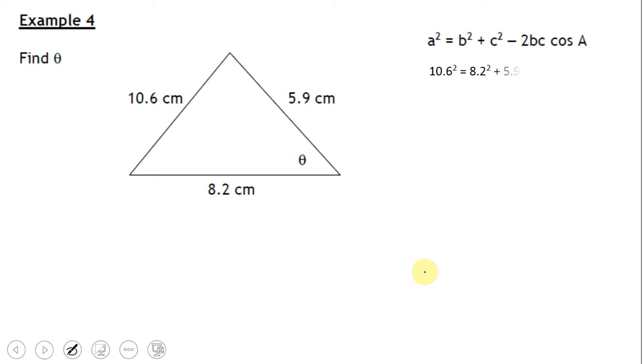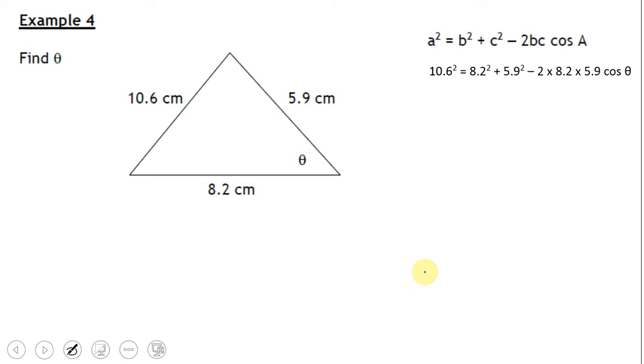So we'll get 10.6 squared equals 8.2 squared plus 5.9 squared minus 2 times 8.2 times 5.9 cos of theta. It doesn't matter which we assign B and C out of 8.2 and 5.9. It works the same each way.